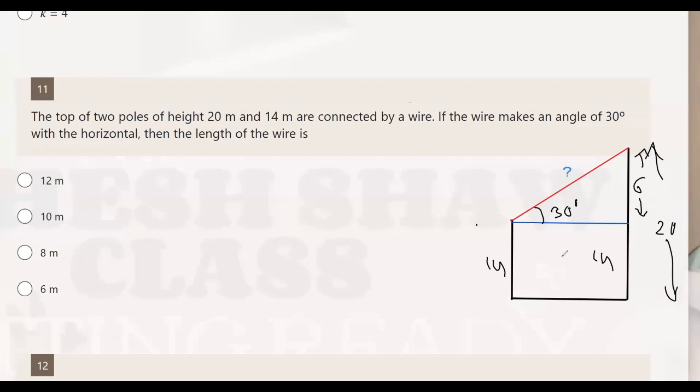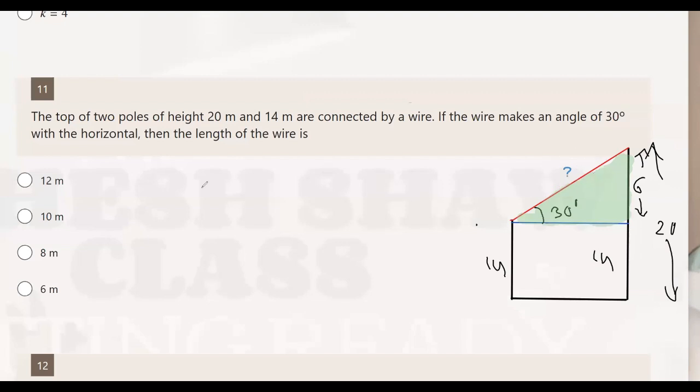We have to get the hypotenuse, considering this triangle I'm talking about. We can use a trigonometric ratio in this triangle. We know the perpendicular, which is 6, and we have to find the hypotenuse, say x.